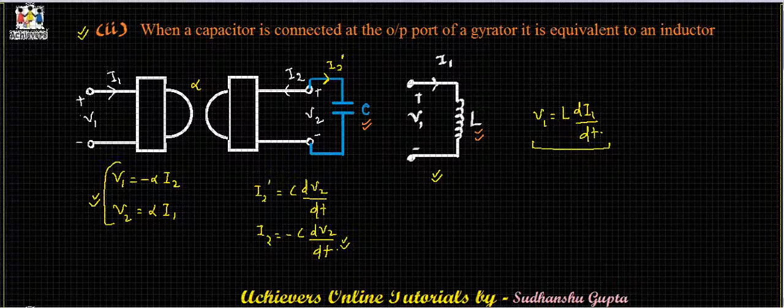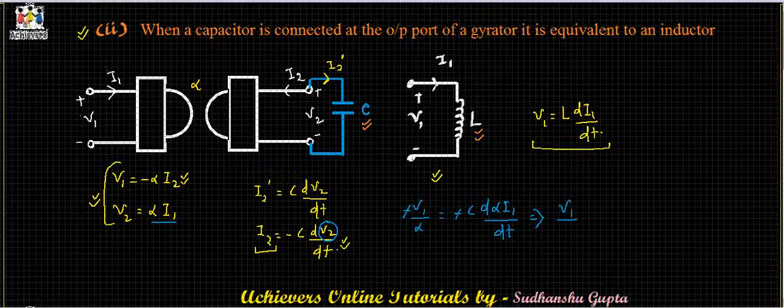Now in this equation, let us put the value of I2 first. From this equation, I2 is equal to minus V1 upon alpha, so we can write minus V1 upon alpha is equal to minus C, and the value of V2 is alpha I1, minus C d alpha I1 upon dt. Alpha is constant, take it outside, so this minus will get cancelled.